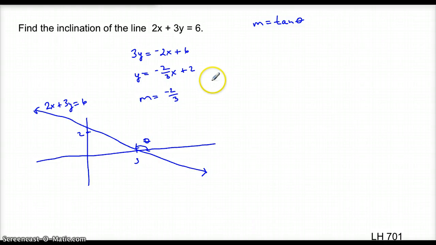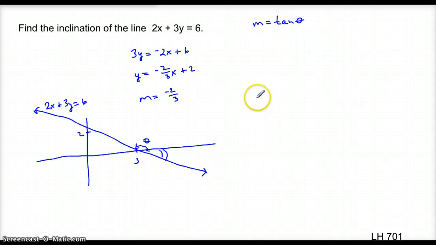So what's going to happen when we're taking the tangent, notice that it's negative. What we're actually going to be getting the tangent of in this case is this angle, and that angle plus theta is 180 degrees. But this angle is negative.